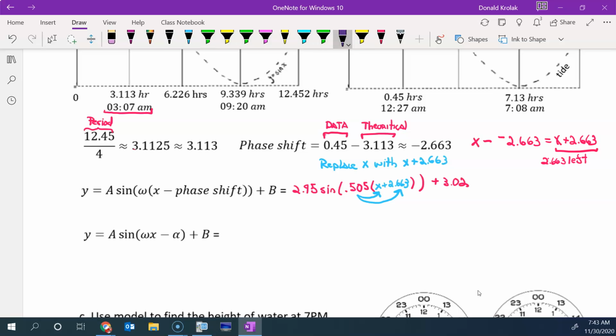So that's why you only have a couple of these, because they take a while. So this is going to be 0.295 sine 0.505x plus, and now I'm going to multiply 0.505 times 2.663 on the calculator.